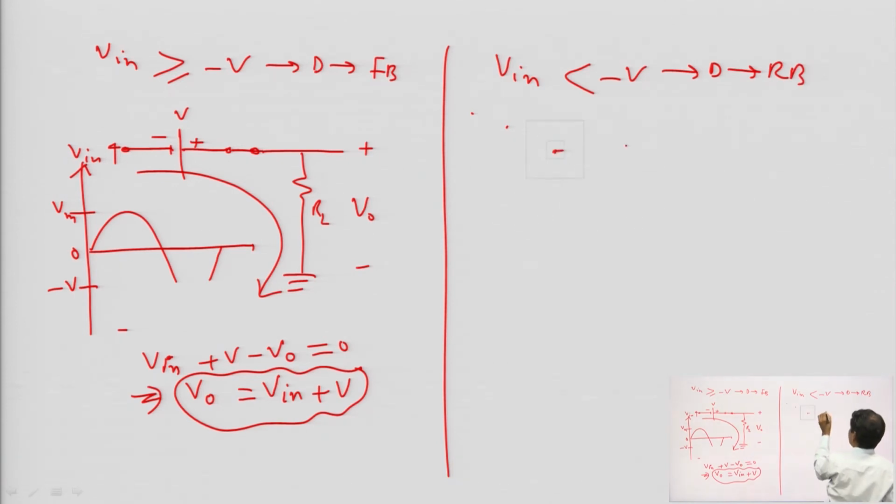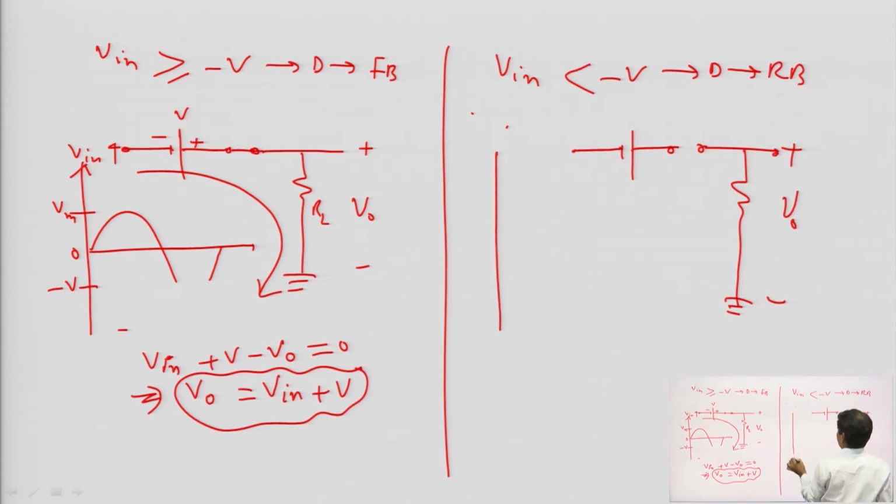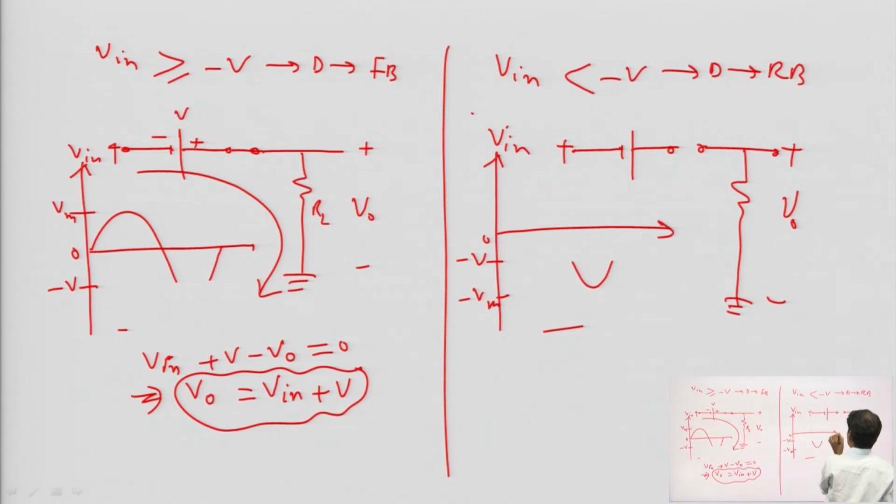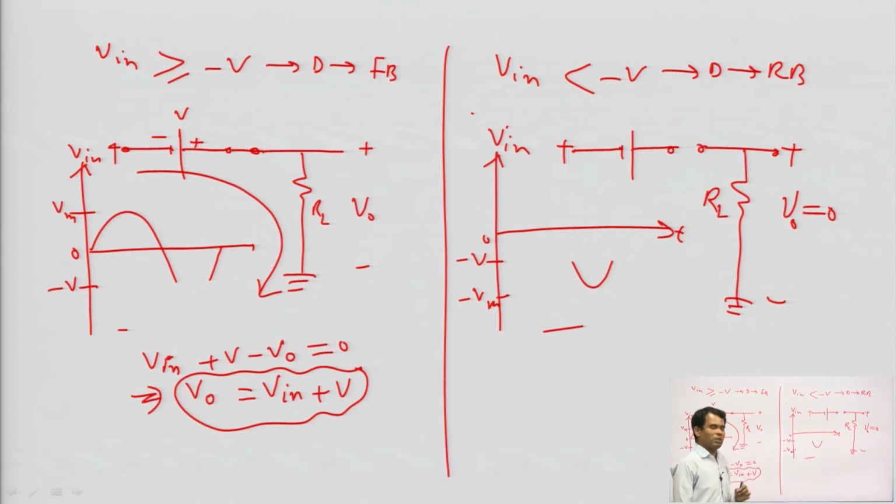Reverse bias means the diode is open circuited, and this is V naught, and the input is here, less than minus V up to minus Vm, and this is V input, plus minus, and this is T. What will happen? Output becomes 0. Why 0? Because the current flowing through the load resistance is 0. That is why the output voltage is 0.